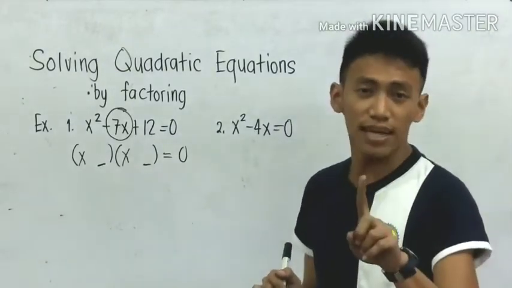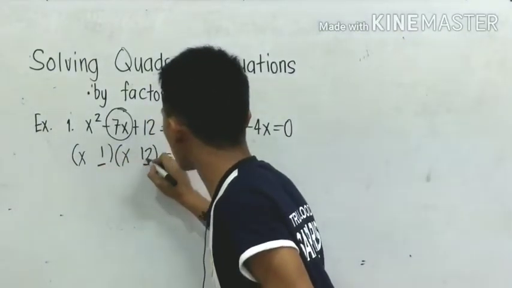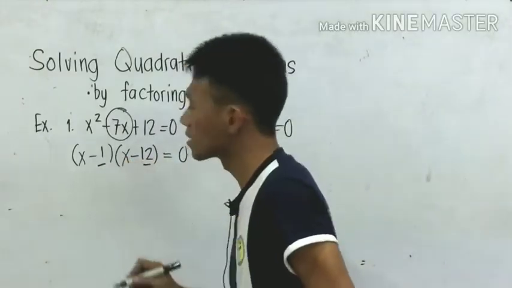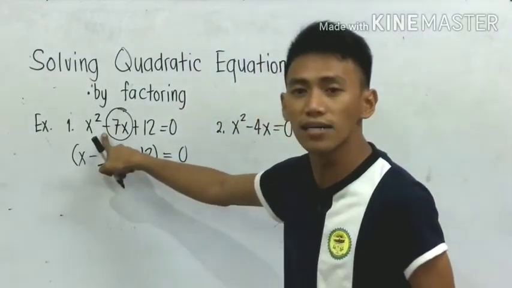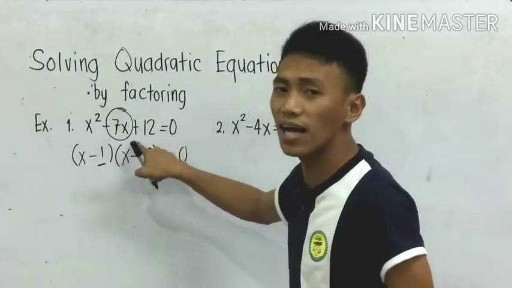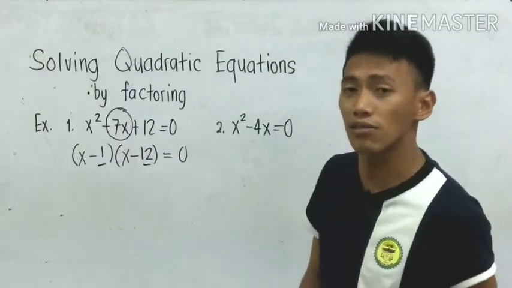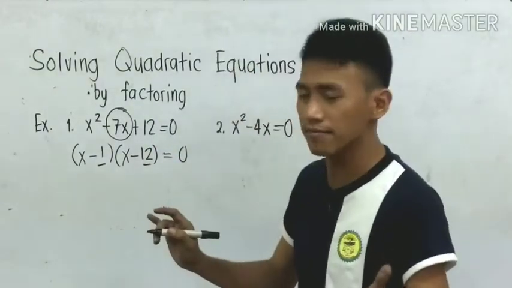So, try na to ang 1 of 12. So, 1 and 12. Negative. Nganong negative man? I-carry over na to kung unsa ang symbol diri sa atong b kung positive ang atong constant term.